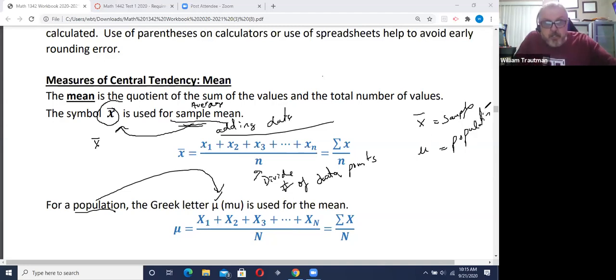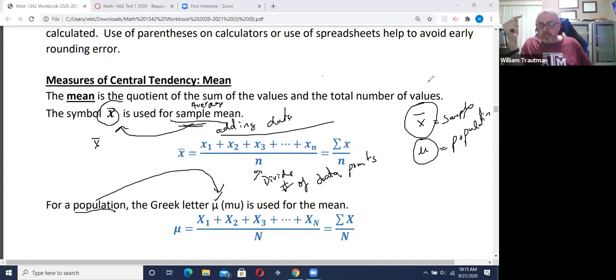So we need to know the difference in those two symbols. Sometimes I use the wrong symbol, but they are both averages. If you see this symbol, mu, it stands for population average. And X bar, X with a bar on top of it, is the sample average.